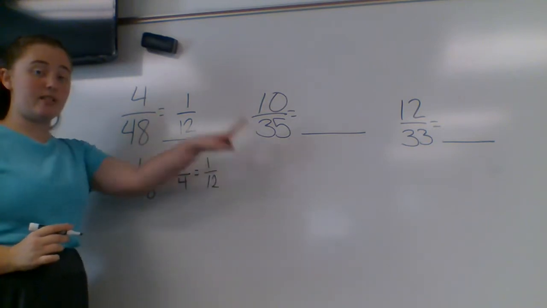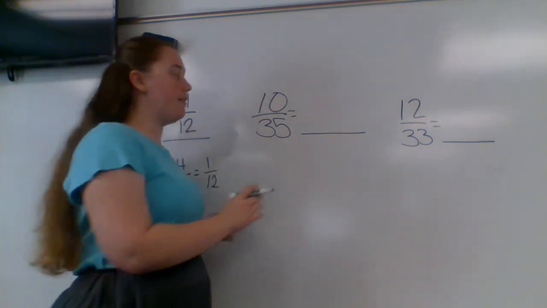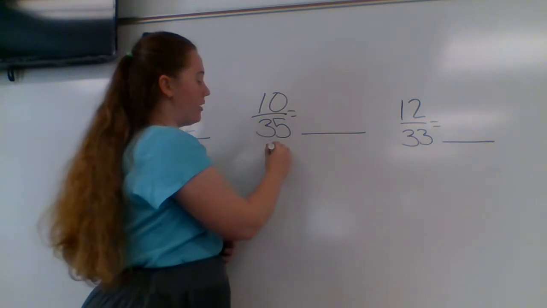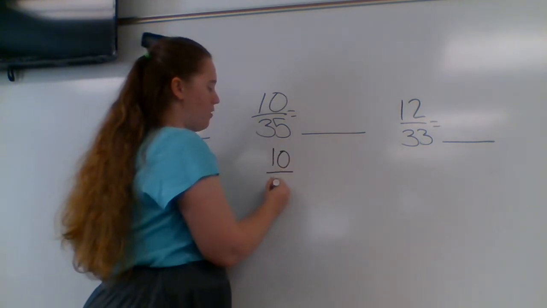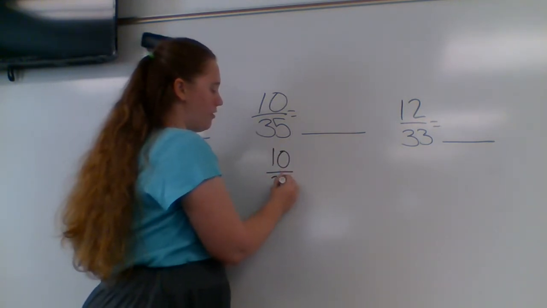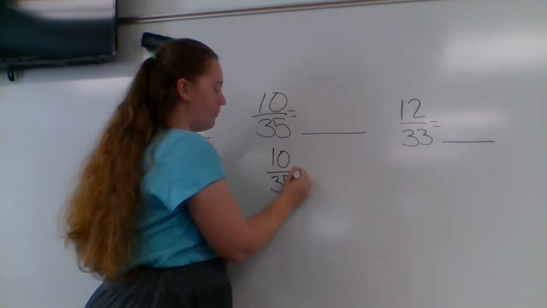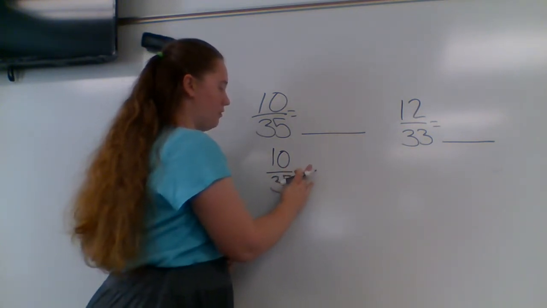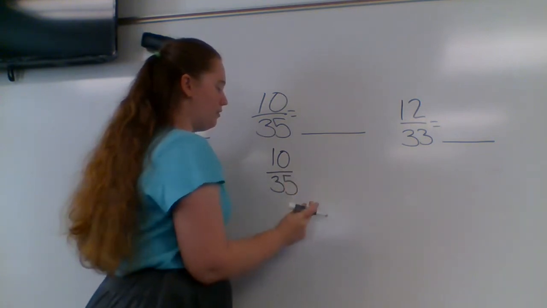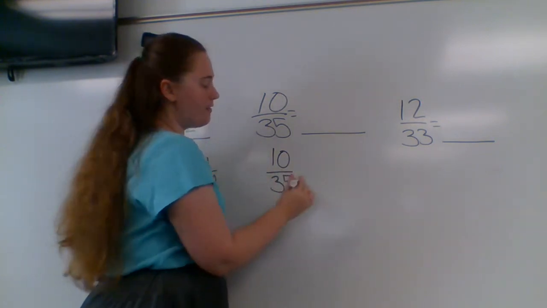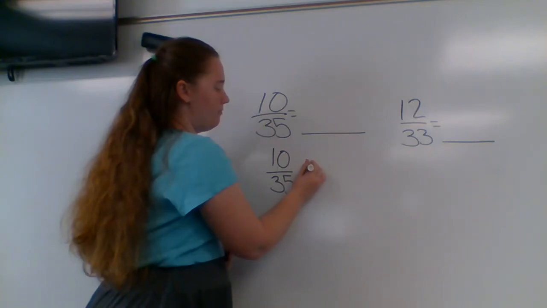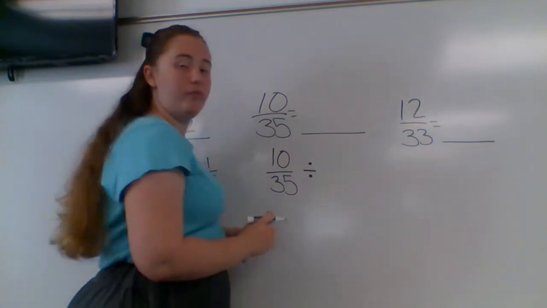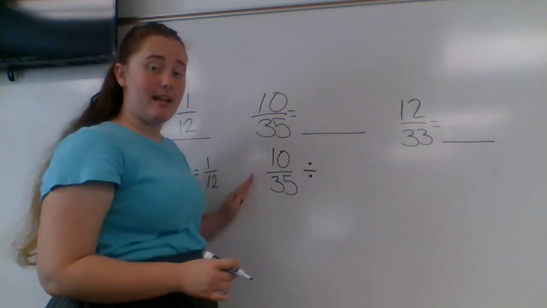Moving on to my next problem over here. We have 10 over 35. Let's just go ahead and copy that down. 10 over 35 divided by, well, what number will go into 10 and 35?